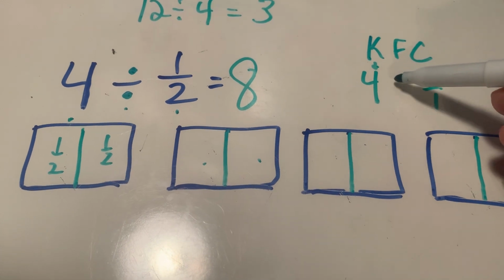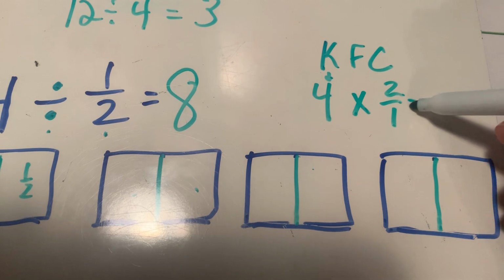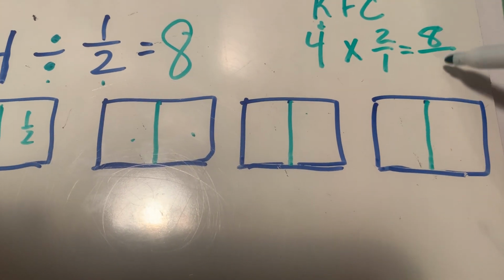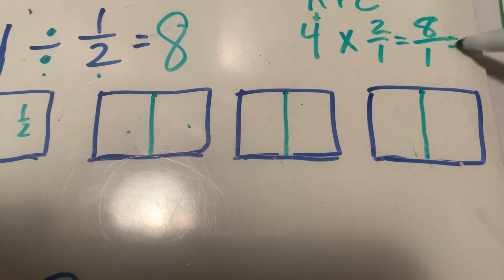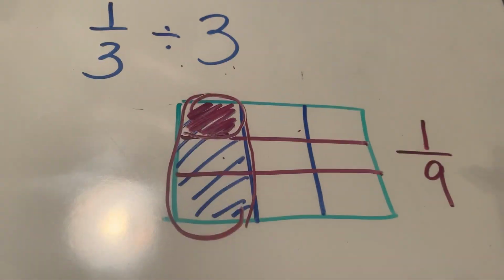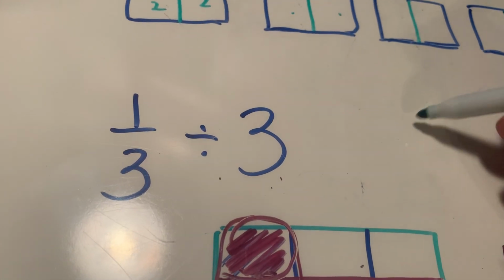Then we change the division to multiplication. Then I can calculate 4 times 2 is 8/1, which equals 8. Let's see if that works when we're finding 1/3 divided by 3.